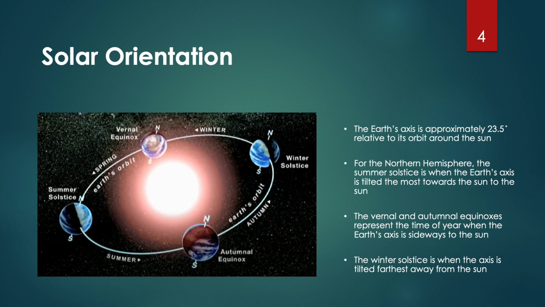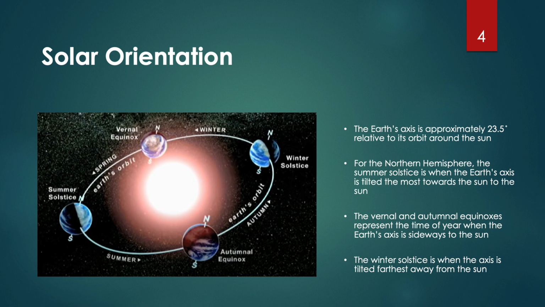So to begin, I want to describe the fundamental ideas that give us a way to track the sun's trajectory across our sky. The first fundamental idea is knowing how our Earth rotates around the sun.